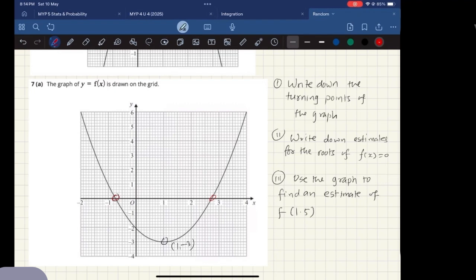Yeah, that's right. And f of 1.5? 1.5, minus 2.8. Yeah, that's great. So I think it's going well, right? Are you ready for the next question? Yeah.